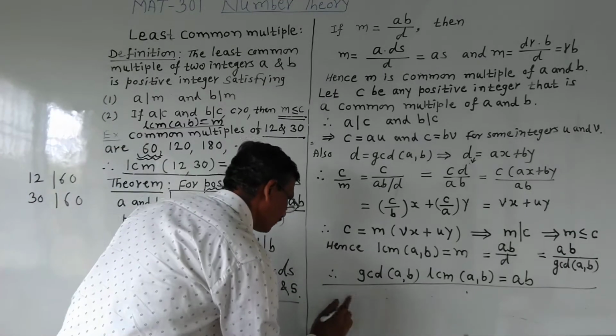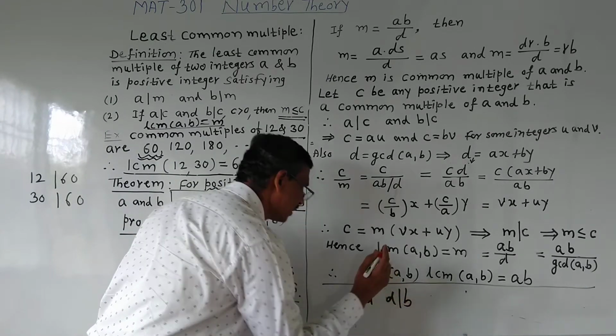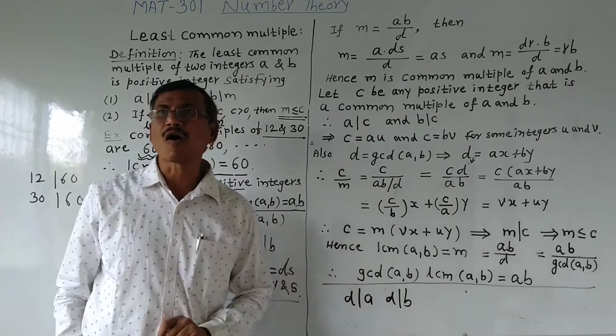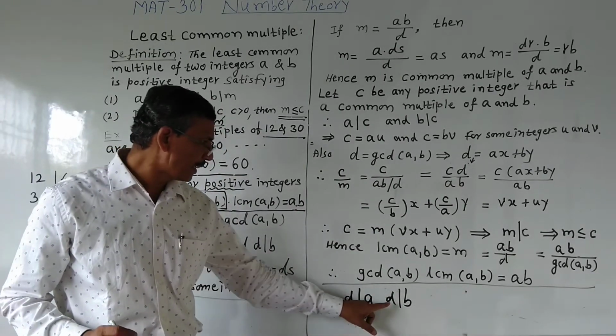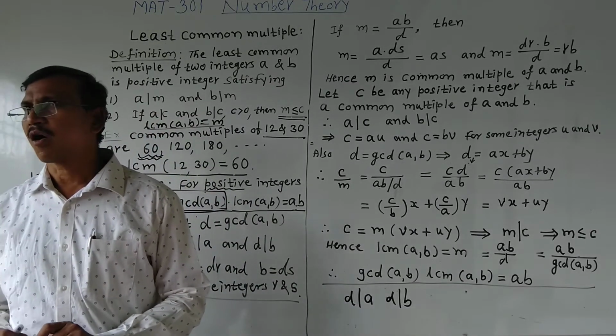Means if D divides A and D divides B, then this D is a common divisor because D divides both the integers A and B.